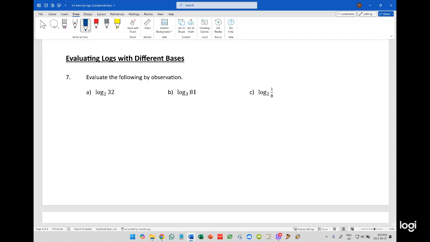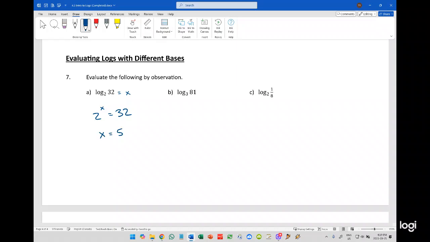I can rewrite this one: if I think of this as log base 2 of 32 equals x, I can say, what exponent do I put on 2 to get 32? So I'm just changing it from log format to exponential format. And then I just look at that and say, well, it's 2 times 2 times 2 times 2 times 2, so x should be 5.